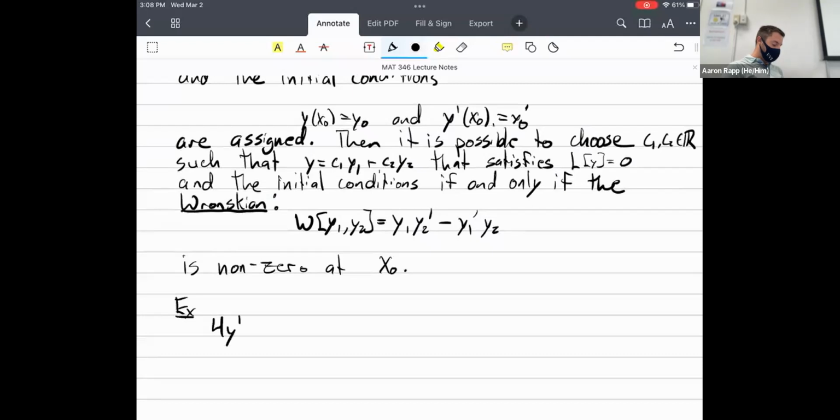We had 4y double prime minus 8y prime plus 3y equals 0, with y of 0 equal to just anything, I'm going to say y naught, and y prime of 0 is y prime naught.